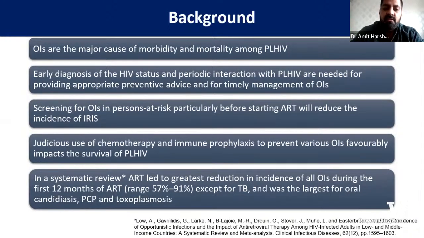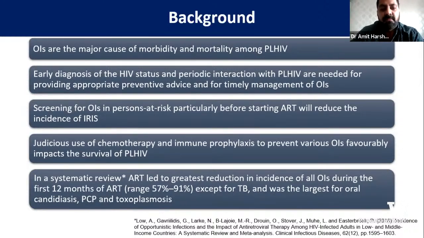In the systems that we are going to cover now, in the guidelines, you would also notice that the combination of signs and symptoms have been given as prompts or boxes for us to think about which could be this particular OI, so that we can diagnose it early.